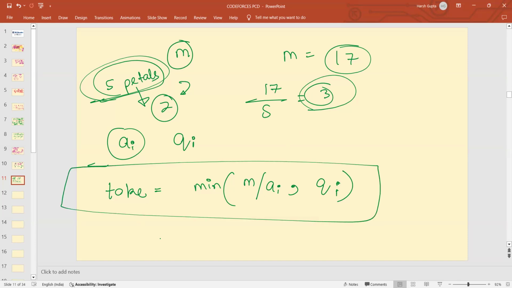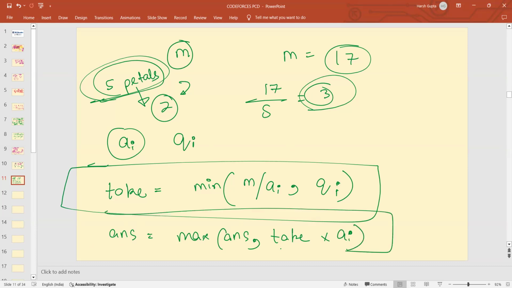And how many petals will it contribute? We will simply do answer as max of answer, comma, take multiplied by the number of petals in each flower. Take is the number of flowers and the number of petals it contains is a.